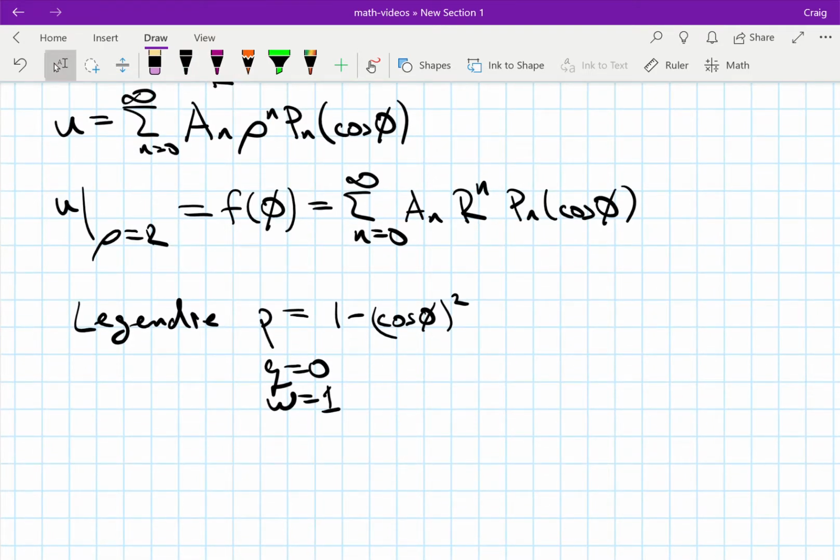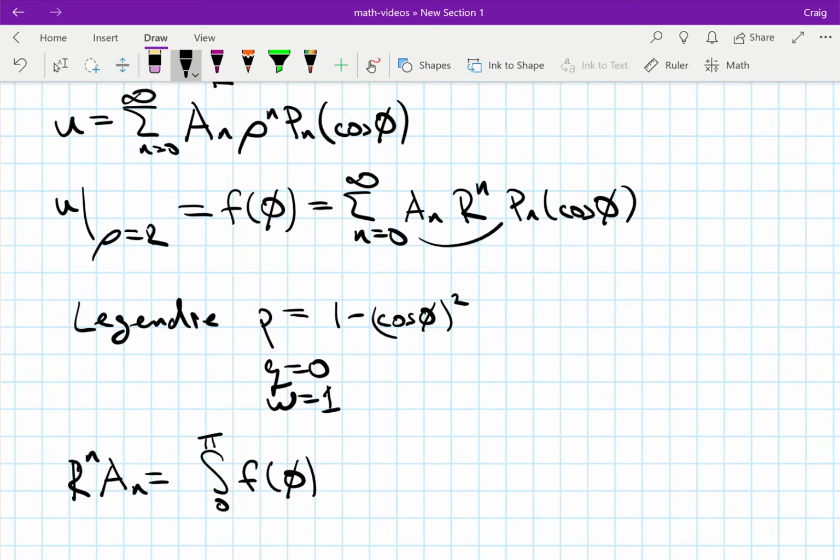So the projection formula: a sub n R to the n is going to equal the integral from 0 to pi of f of phi times P_n of cos phi, integrated with respect to cos phi. Sorry, it's actually a sub n times R to the n, because my coefficient in the expansion is a sub n times an extra factor of R to the n.